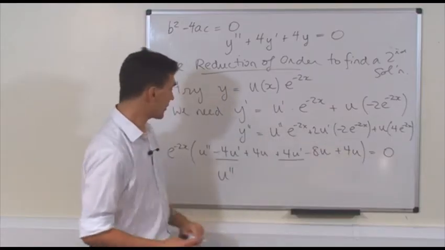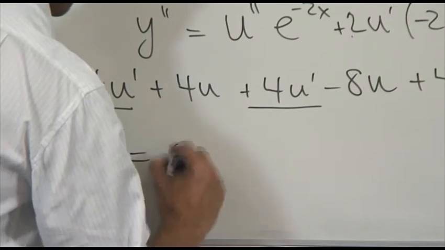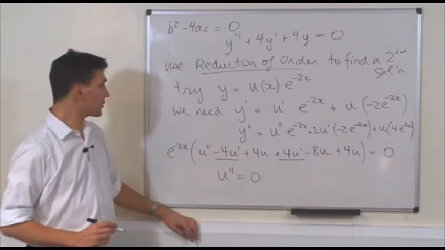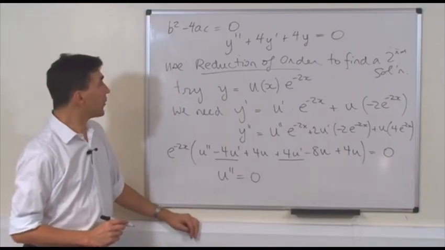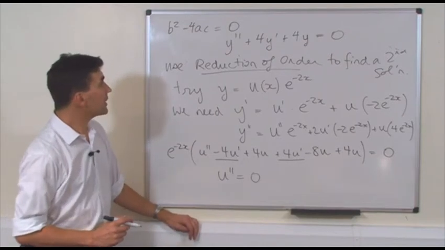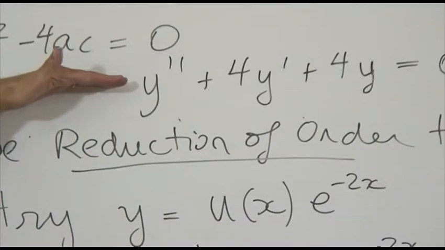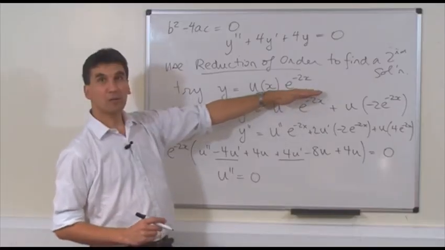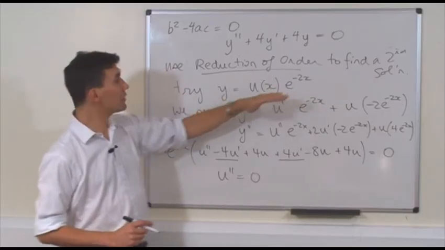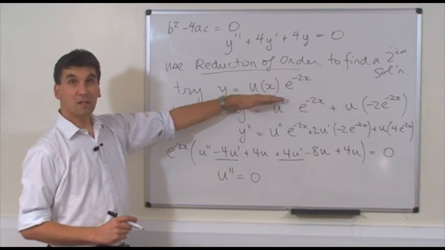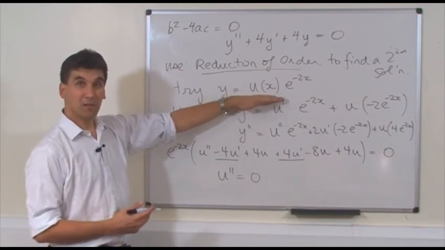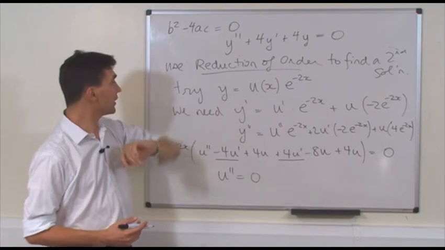So they add up to 0 as well. So our equation that we're trying to solve is now u double prime equals 0. So the point of reduction of order is it's supposed to take the equation you're trying to solve and the solution that you already know, e to the minus 2x, and give you an equation for u that is in some way simpler than what you started with.